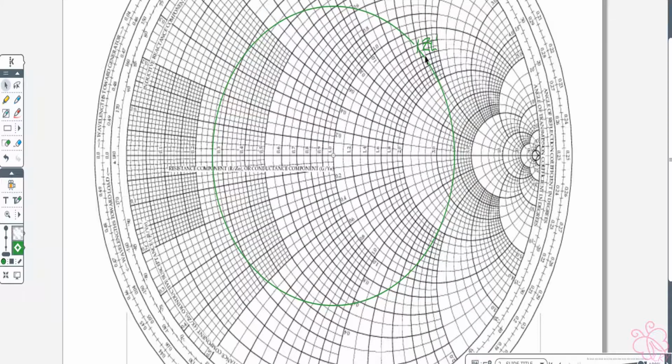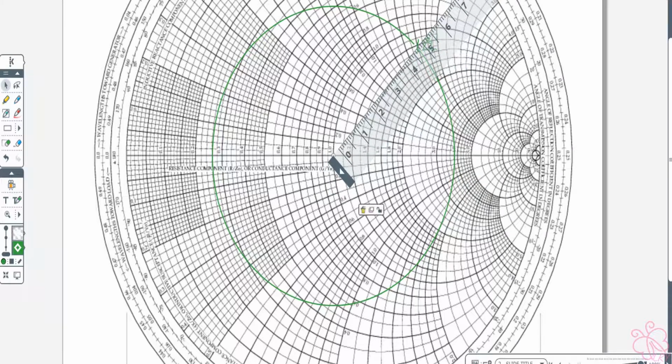So the VSWR circle will be there. And then you will draw a straight line from Z0 to ZL prime.